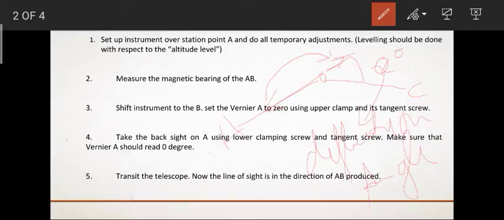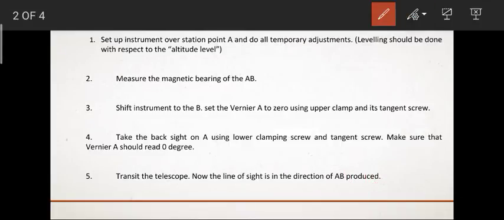Understood what I am saying? You are at the point B, right? Bisect point A, then transit the telescope by 180 degrees, and then move in the clockwise direction to where the point C has been located. So that will be your deflection angle.